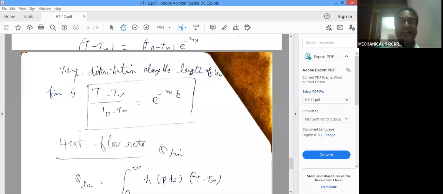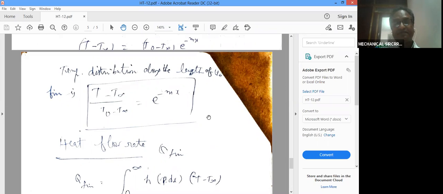T is the temperature at any value of x, T free stream is the temperature of the surrounding fluid, and T naught is the temperature at the base of the fin. The exponential is e power minus mx, where m is the square root of hP by kA, into any given value of x. So that is the temperature distribution equation.